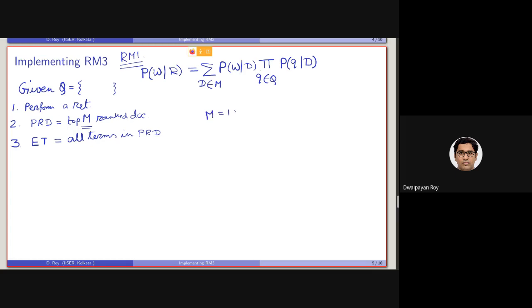Let's consider m equals to 10. That means after performing the retrieval, we'll be considering the top 10 ranked document and consider all the terms in those top 10 ranked document as the potential expansion term. That is, they have the potential to be an expansion term in order to perform a query expansion.